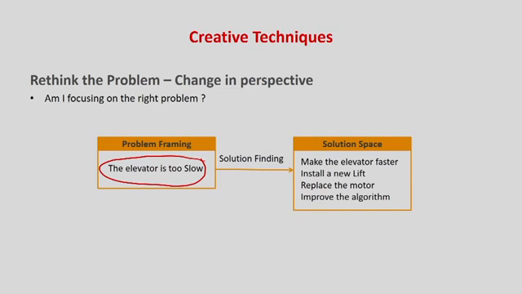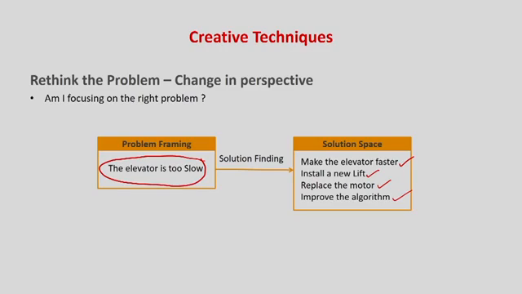What are the general concepts that you might come up with? Make the elevator faster, install a new lift, replace the motor, or improve the algorithm, right?